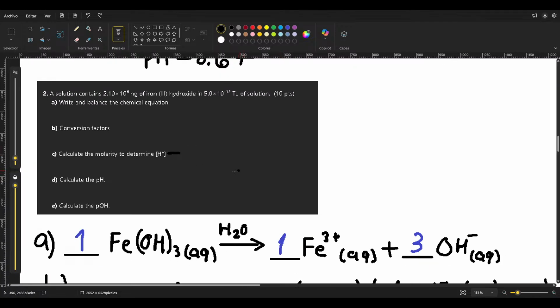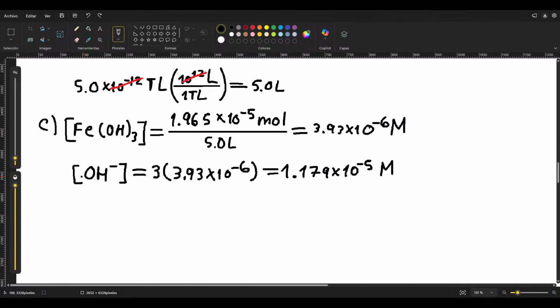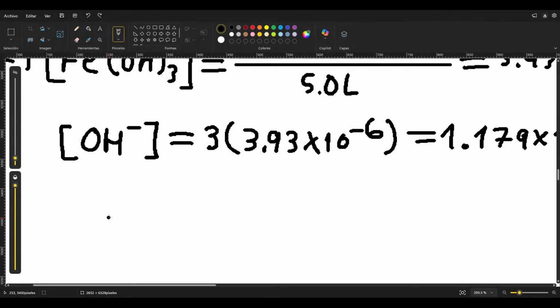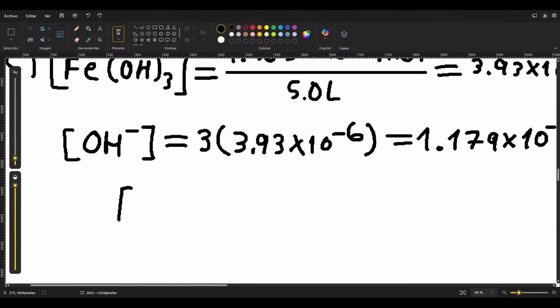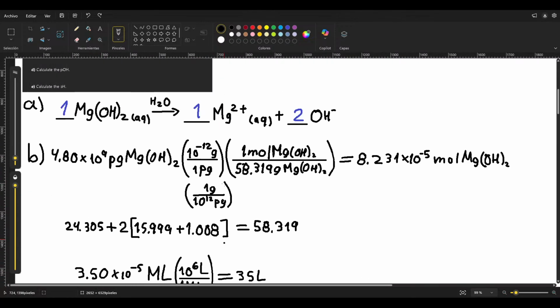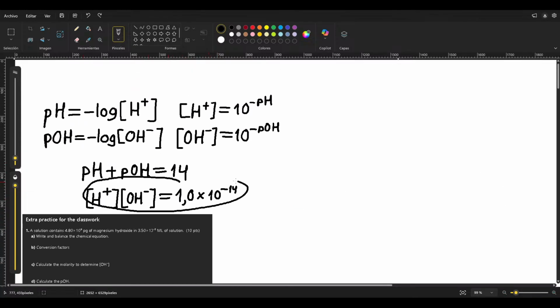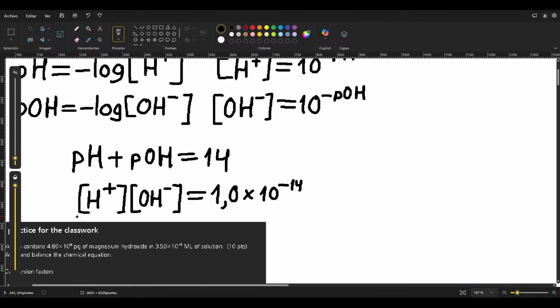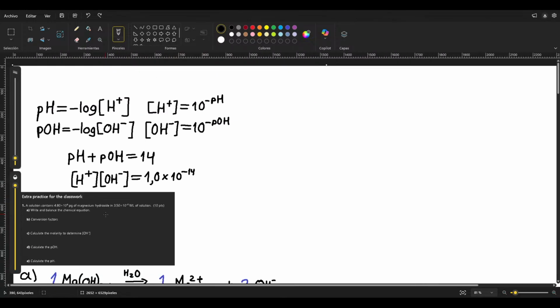Anyways, it's still possible to calculate the concentration of hydrogen because there's a formula that relates these two: the concentration of hydroxide ions times the concentration of hydrogen ions equals 1 times 10 to the negative 14. So we basically pass one to the other side dividing, and that's it.